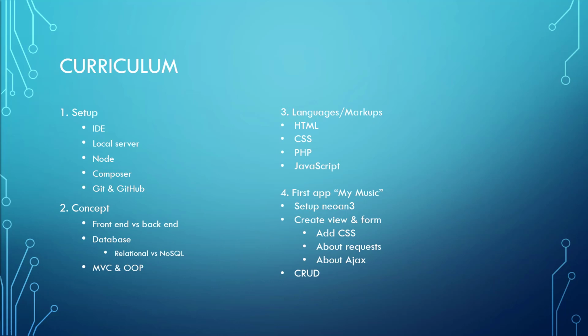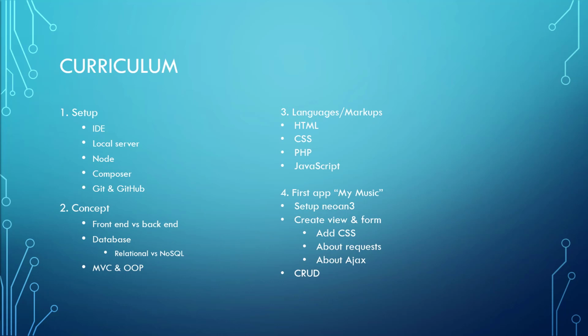Then we're going to go on a higher, more conceptual level. What are people talking about when they use certain terminology, how does that fit into what I need to know to begin, and how does that relate to actually writing applications and seeing where I want to go.